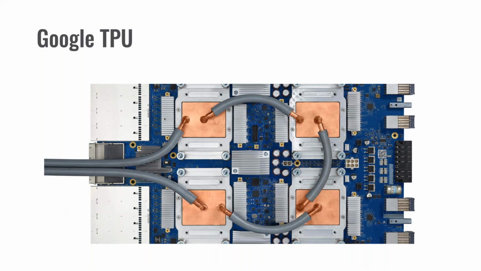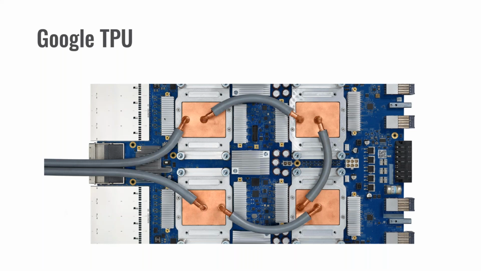So Google has taken the approach of acceleration, which is basically offloading the mathematical computation, and created what is called a tensor processing unit. So a TPU is a highly customized, purpose-built accelerator. Think of it as an ASIC, an application-specific integrated circuit, which is meant to accelerate TensorFlow operations.